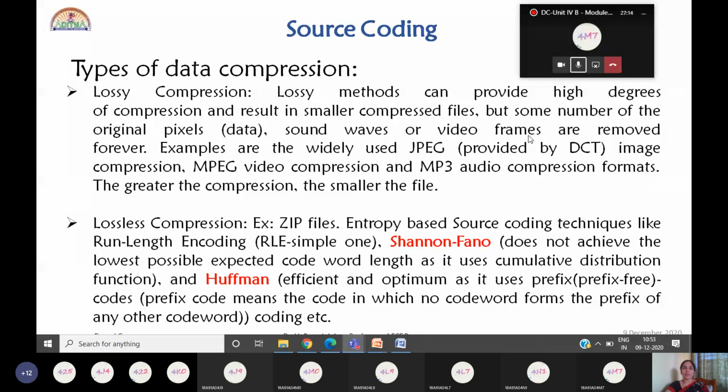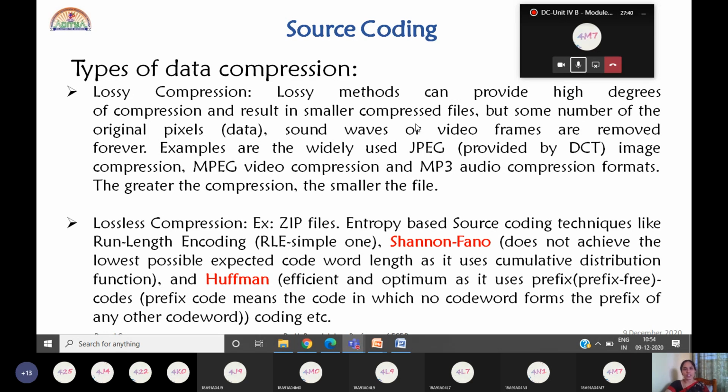So how will the lossy source encoding techniques compress the data? By removing some of the data. If it is an image, some pixels will be removed, or some of the sound wave can also be eliminated, or while video encoding, video frames can also be removed forever.